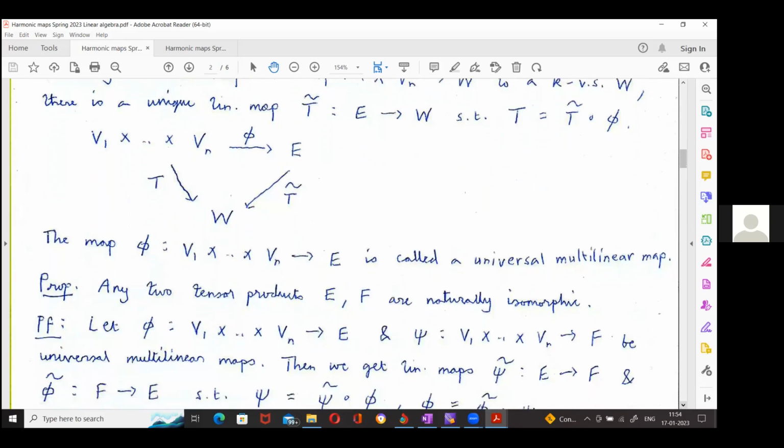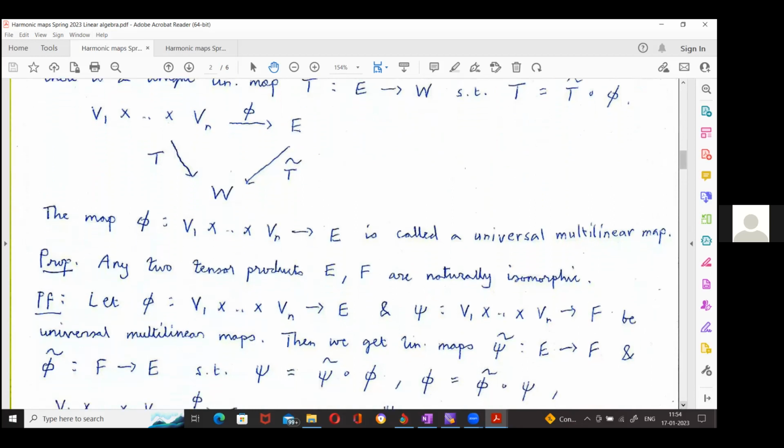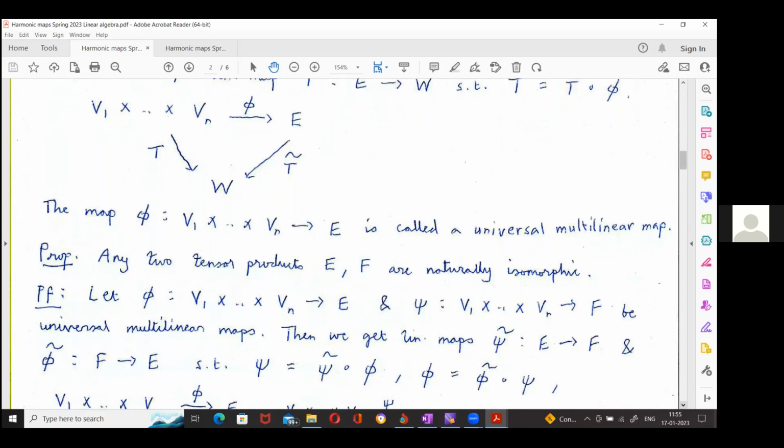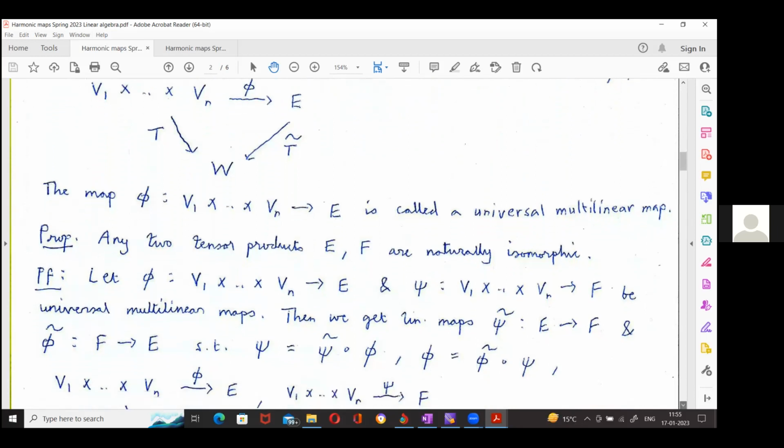The first fact is that this universal property uniquely determines the tensor product. In other words, any two tensor products, E and F, are naturally isomorphic. Naturally means there are isomorphisms between them which don't require a choice of basis.